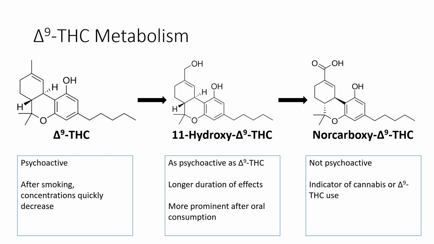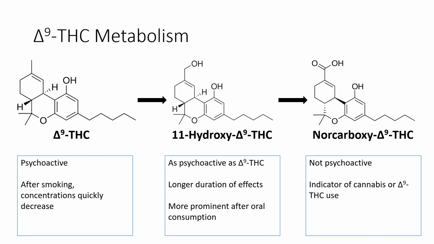It also undergoes a process known as metabolism, where the body converts delta-9 THC into other chemicals known as metabolites in an effort to get rid of it. The 2 main metabolites, which are included in our testing method, are 11-hydroxy delta-9 THC and norcarboxy delta-9 THC.